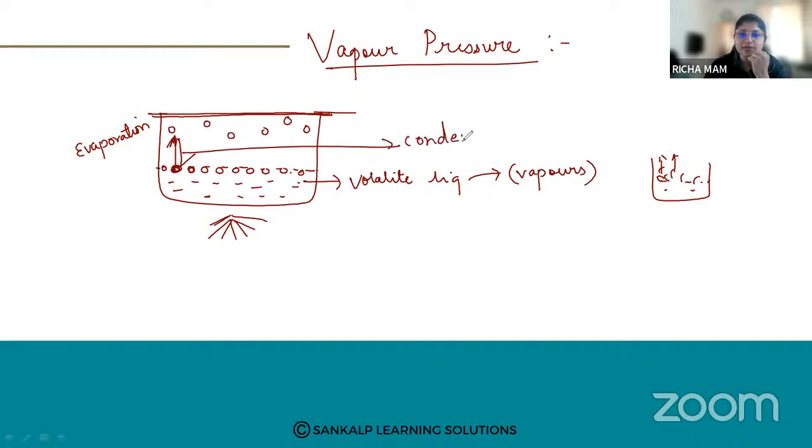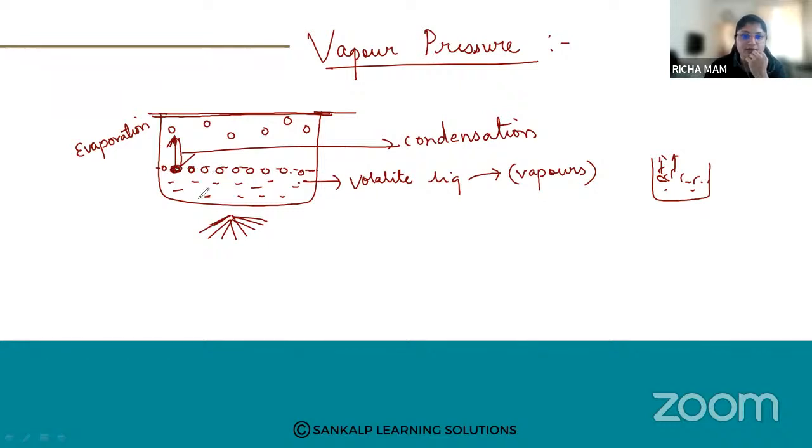So in this process, what is happening? In a closed container, I'll repeat it again, I have taken a volatile liquid and applied an external temperature. At the surface of the liquid there are molecules present.